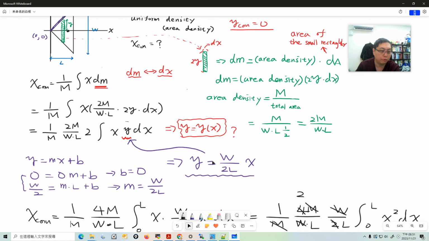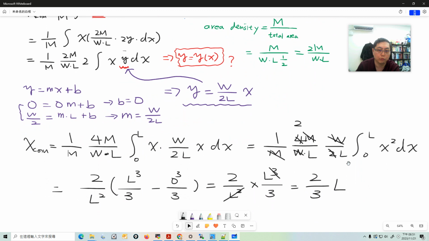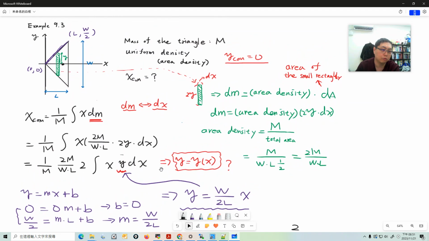And after we find the relationship, you put everything in there, and it's a very simple integration of a power function. So you have to be familiar with this type of calculation because this will be used a lot in most physics areas this semester, next semester. This technique keeps being used, or maybe in some engineering topics.